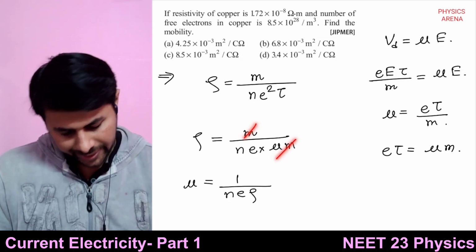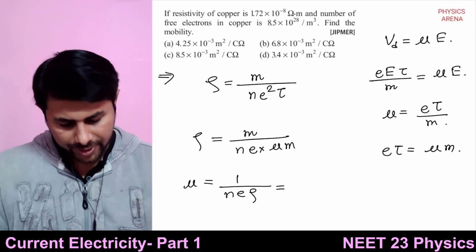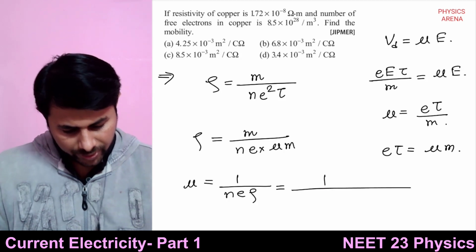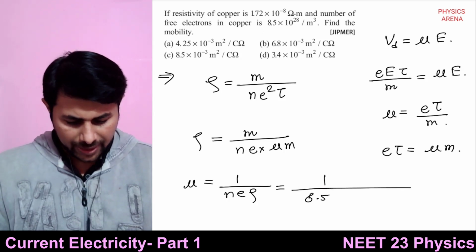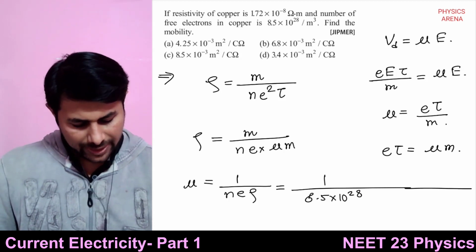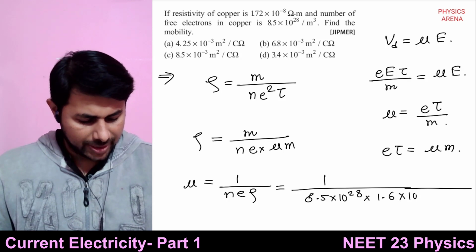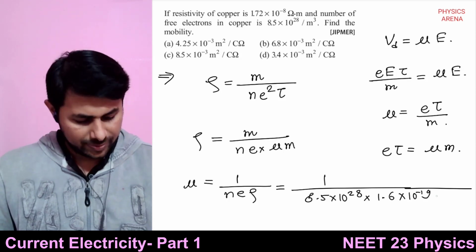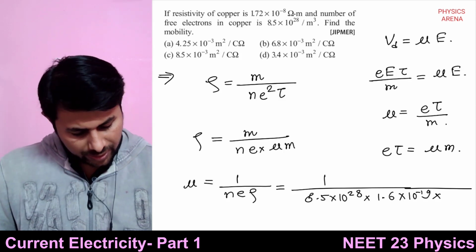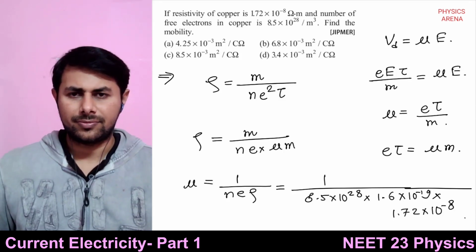Then we can substitute all the values: 1 upon 8.5 multiplied by 10 raised to 28, then 1.6 multiplied by 10 raised to minus 19, then multiplied by rho, which is 1.72 multiplied by 10 raised to minus 8.